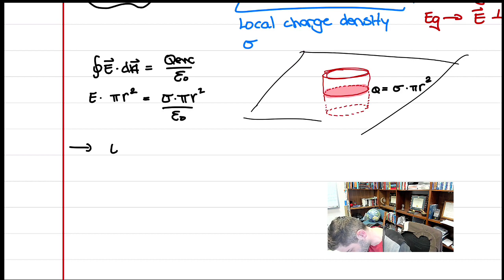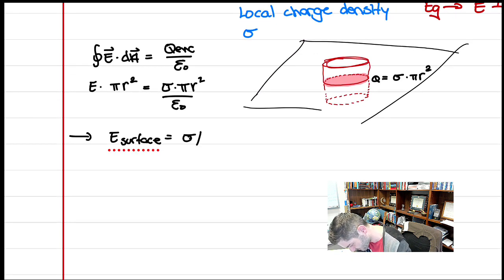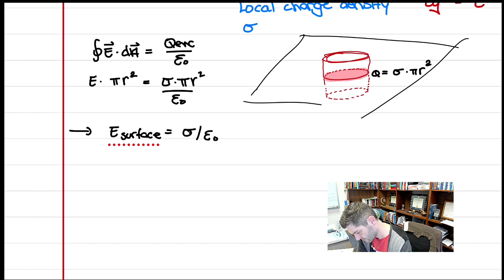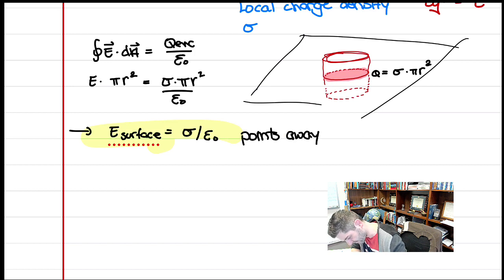So it seems like the electric field just off the surface and on the surface is equal to the local charge density, whatever that is, divided by epsilon naught. And it points in what direction? Points away from the surface, or I guess away or towards, depending on if Q is positive or negative.